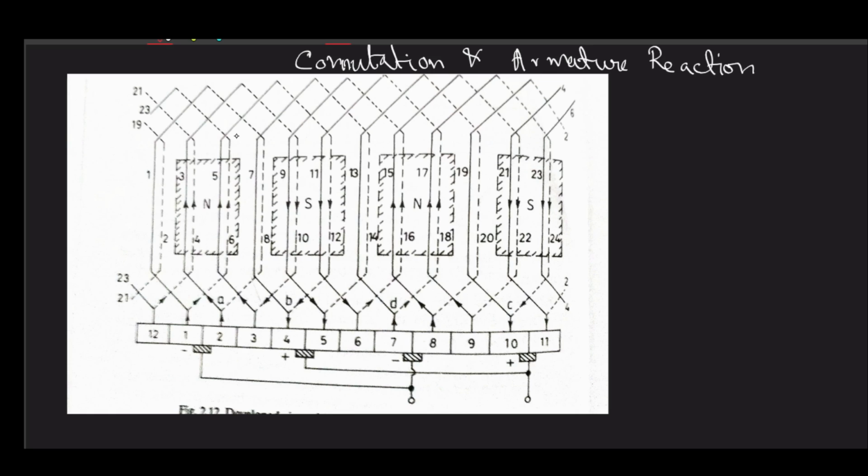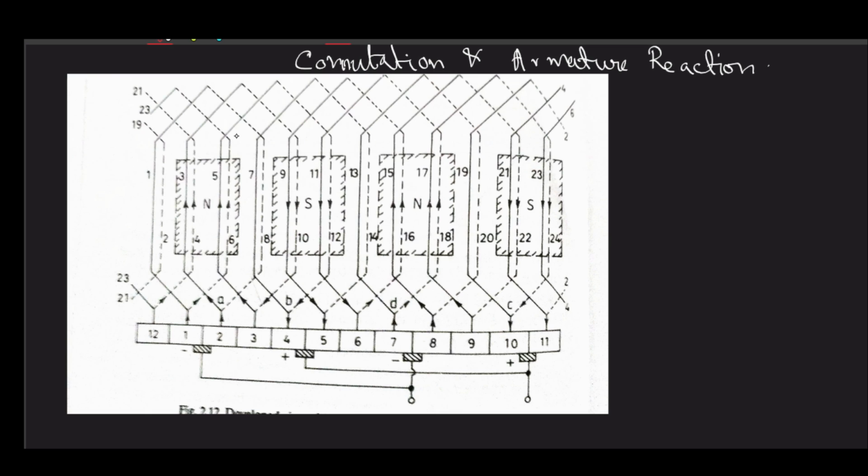So for your information, let me first tell you a few myths that are common, like we have to place the brush physically at the neutral axis, meaning the brush's physical position should be adjacent to the interpolar region, but that is not true. The physical position of your carbon brush need not be the interpolar region.